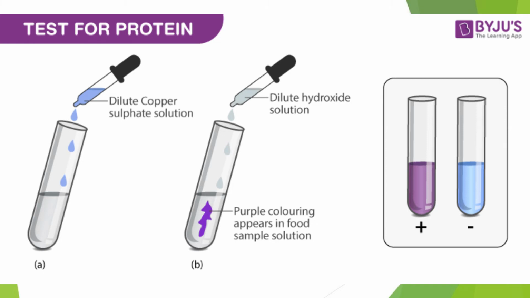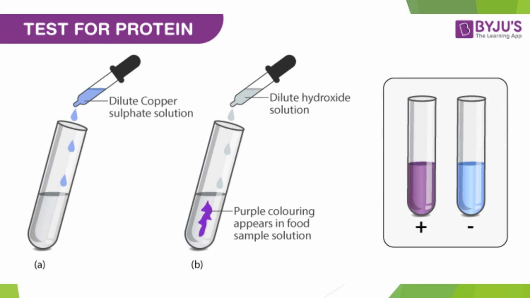Now using a dropper, add 2 drops of copper sulfate solution to the test tube, and then add 10 drops of caustic soda or sodium hydroxide NaOH solution and shake the test tube. After some time you will see the color change into violet.